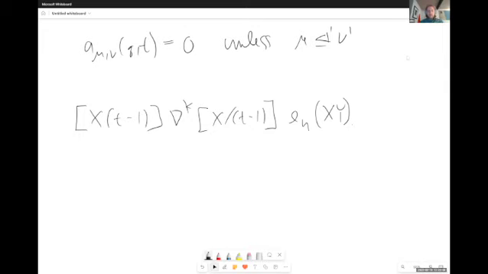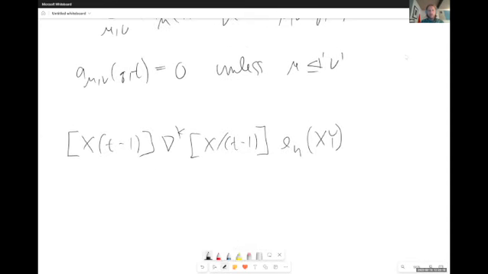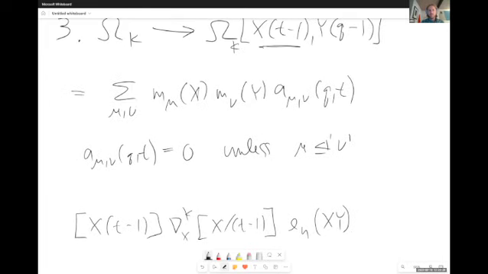Because I eliminated the q minus 1 factor in y, and the substitution x goes to x over t minus 1 would insert the denominator in xy. Then I would apply nabla in x, and then afterwards I evaluate the result at x goes to x times t minus 1.